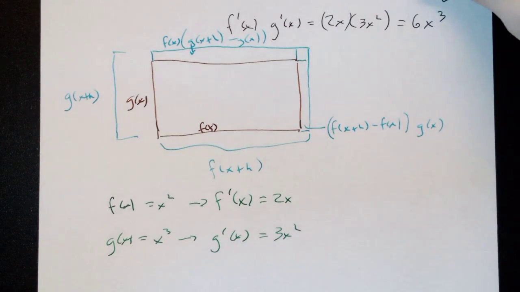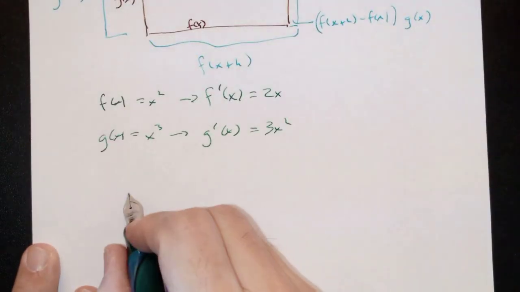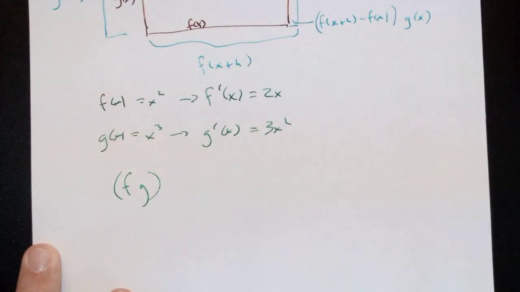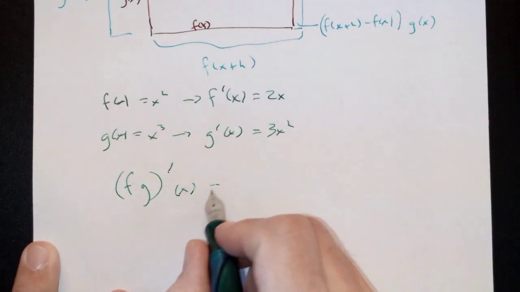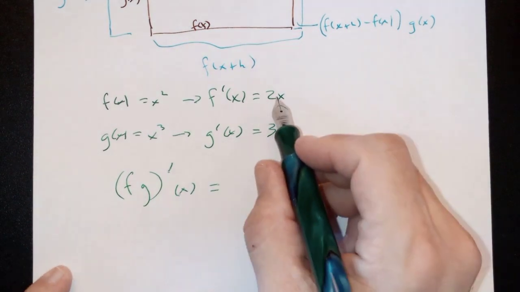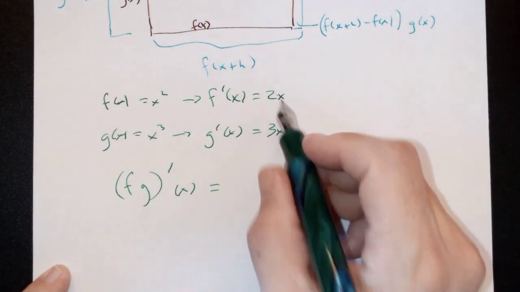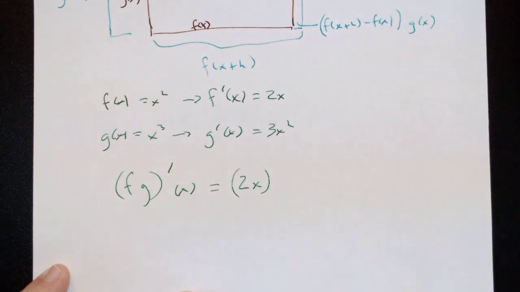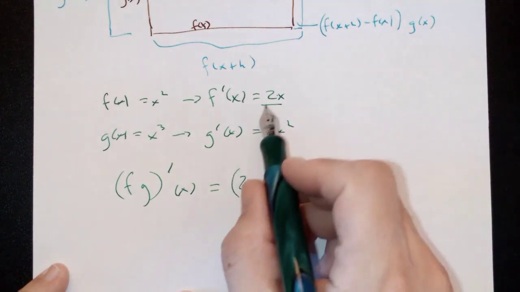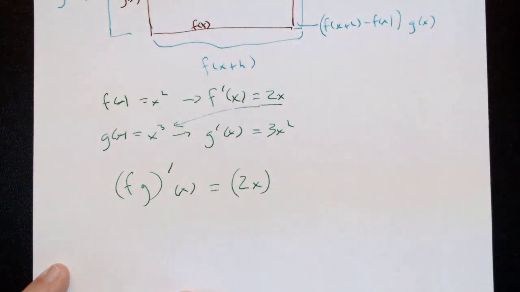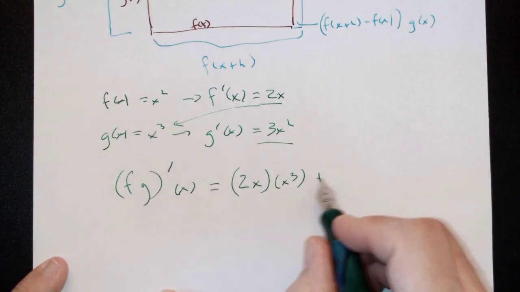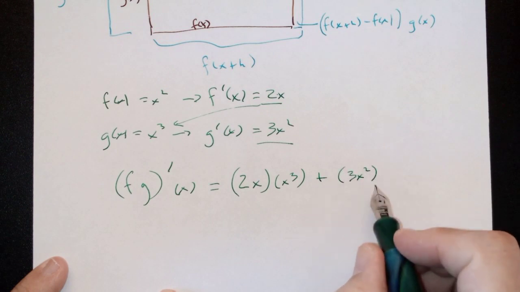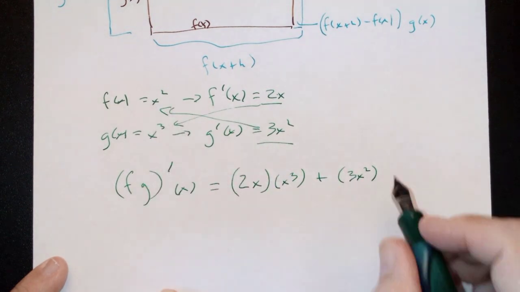If I want to think of taking the derivative of the product, well, then what I'm going to do is take the derivative of f, and match that with g. I'm going to take the derivative of g and match that with f.